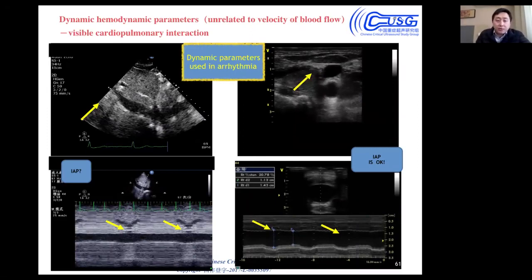In a patient with a medium state of IVC, we should assess the respiratory variation of the IVC to judge if the patient is fluid responsive.